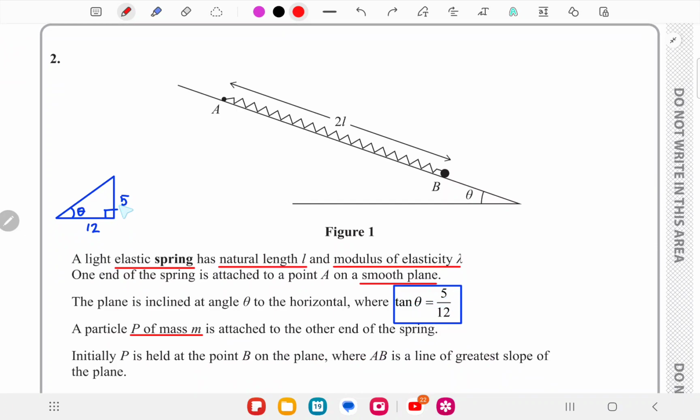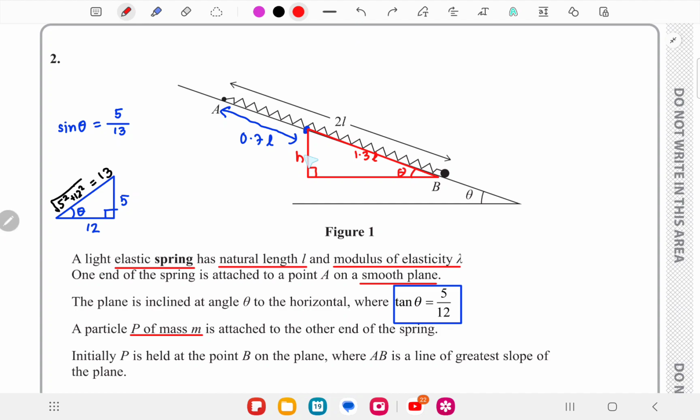So we can draw a triangle like this to find the value of sine theta and cos theta, and to find the change in height, because we need to find this. Using Pythagoras' theorem, this is a 5, 12, 13 triangle. So sine theta will be 5 by 13 and cos theta will be 12 by 13.